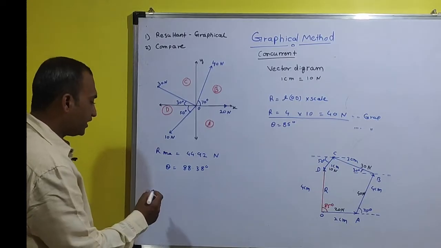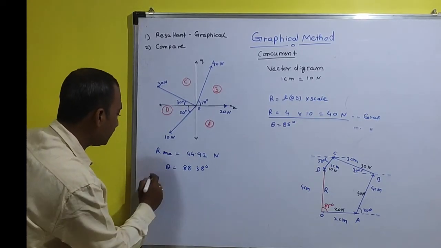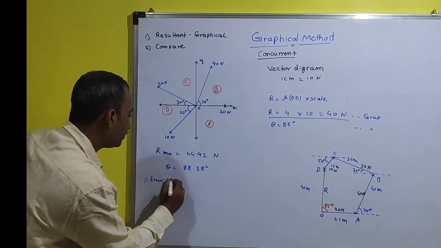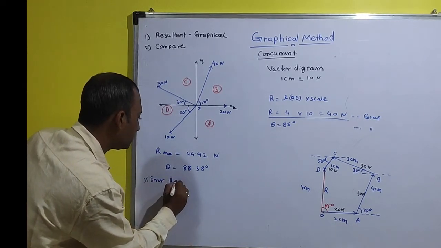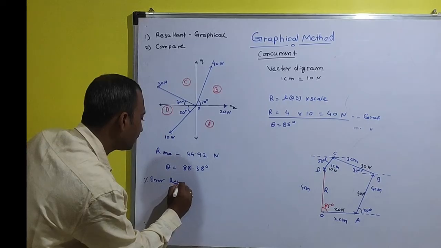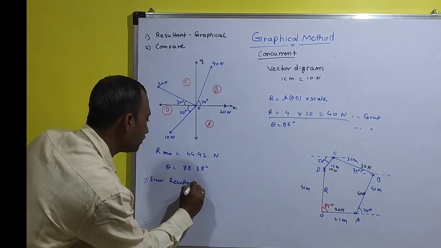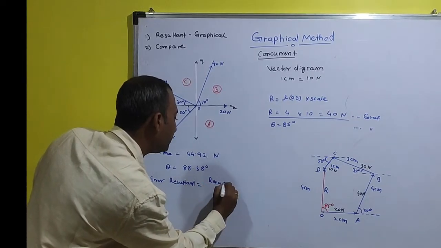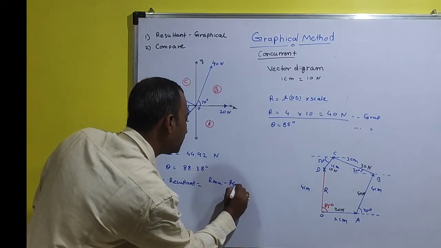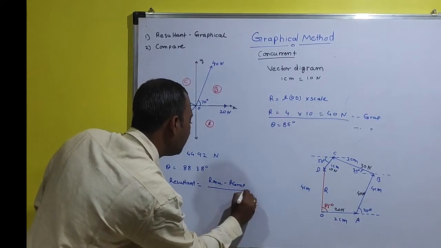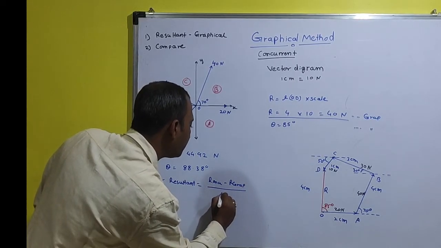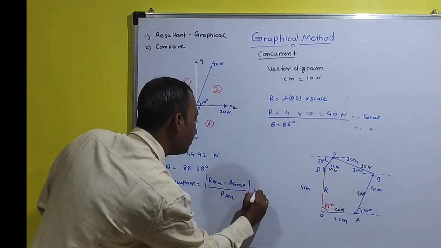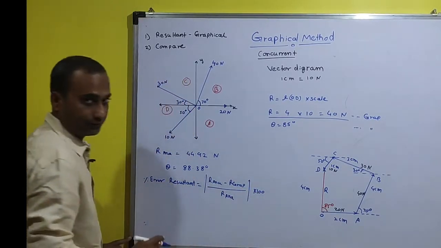So to calculate percentage error for the resultant, it will be resultant by analytical method minus resultant by graphical method divided by resultant by analytical method multiplied by 100.